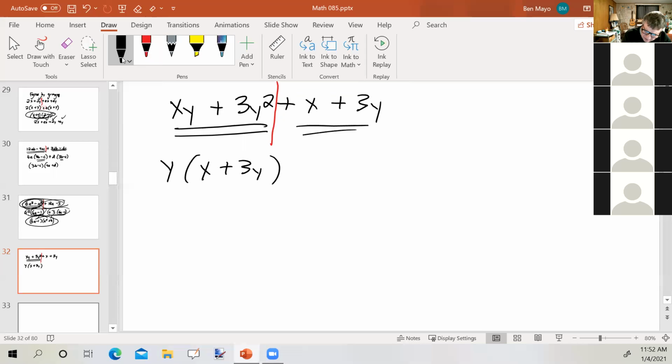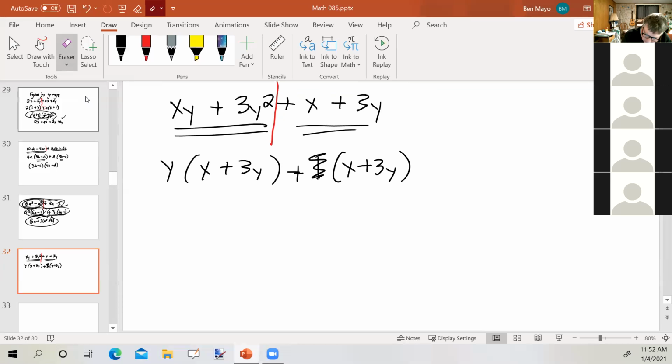The greatest common factor here is just a 1, and then I've got an x plus 3y left over and a plus sign there. Now, you might say, do I really need that 1 there? Isn't this the same thing as just that? And you'd be correct, but there's a reason why I think you should write the 1 there.